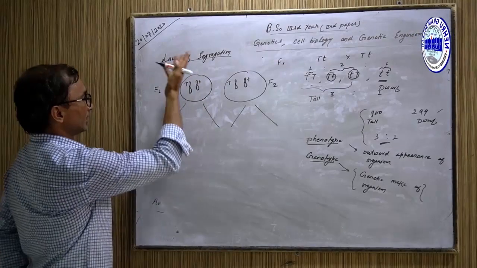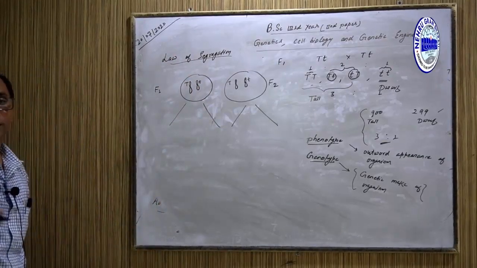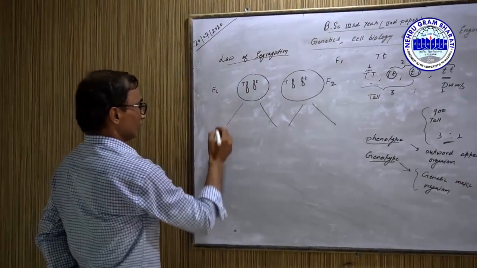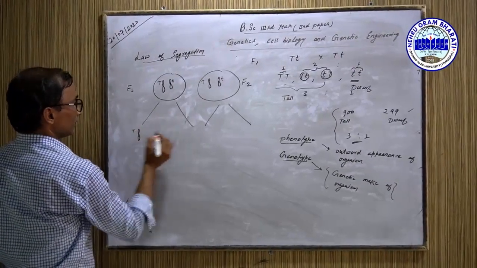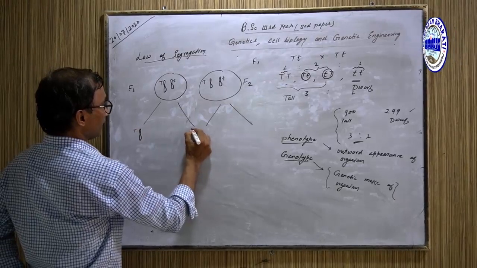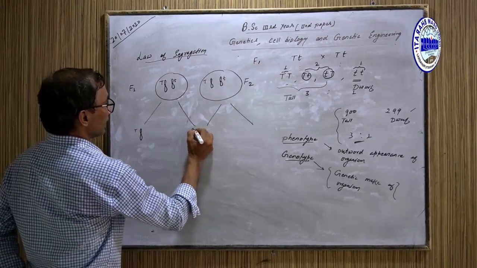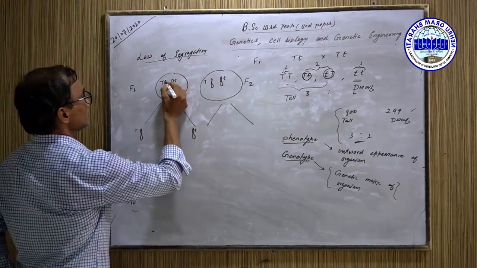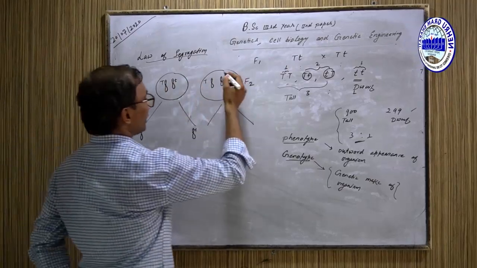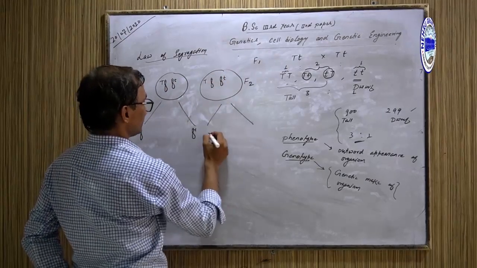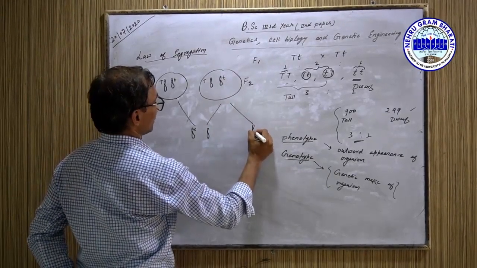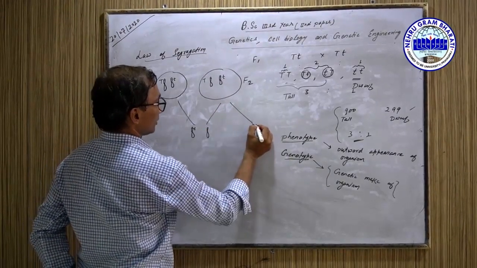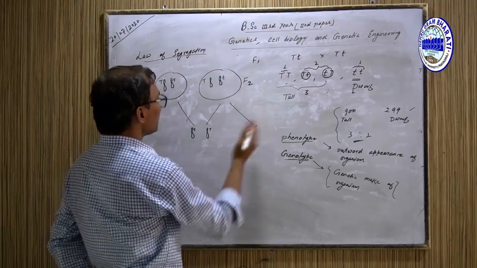This is the law of segregation, which is also the law of the purity of the gametes. So see here, one gamete has T, one allele, and there is another gamete having a small t. And similarly, look here, there is another, here is another.